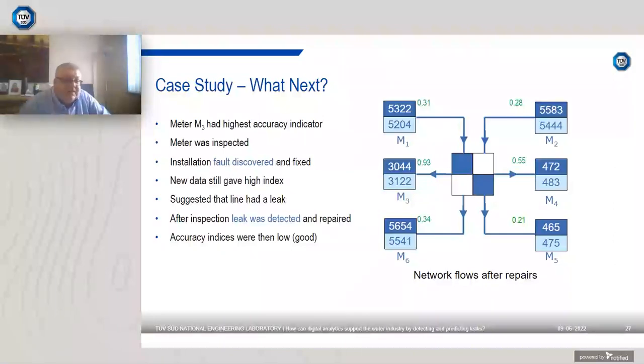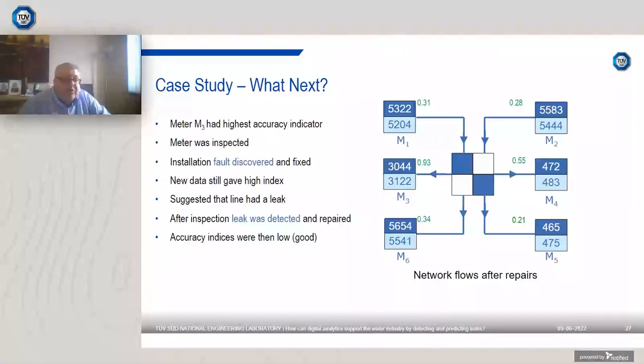This suggests that there may be a leak in that line. After inspection, a leak was detected and repaired, and the data validation and reconciliation process was run again. This time, the quality indices were found to be very low. This shows how data validation and reconciliation can be used to help locate leaks in the network.